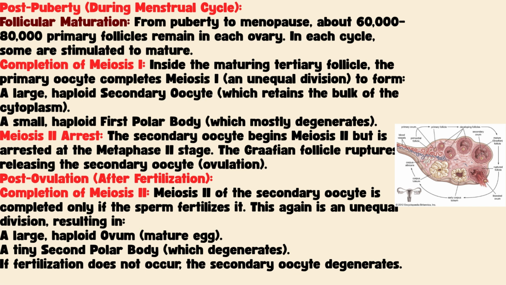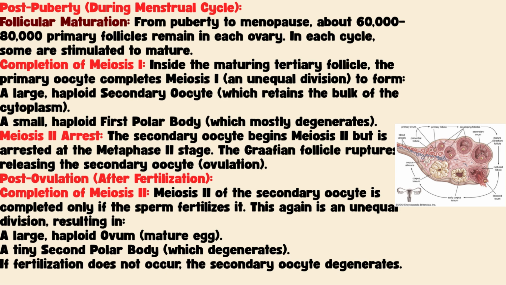Each primordial follicle has at its center a large primary oocyte, surrounded by a single layer of flat follicle cells. The primary oocyte starts its mitotic division but gets arrested at meiosis I.